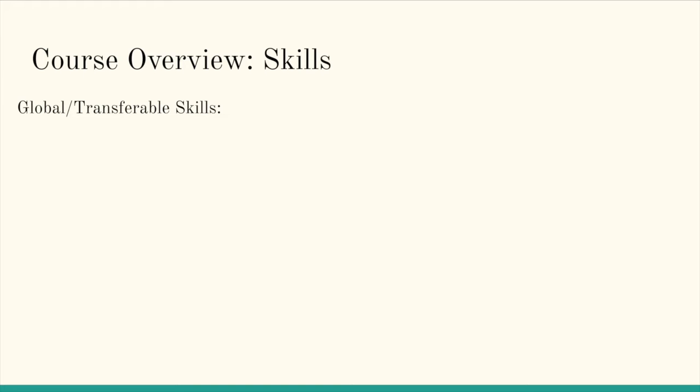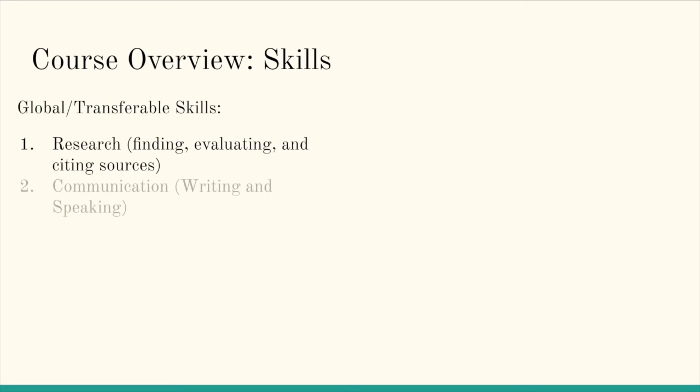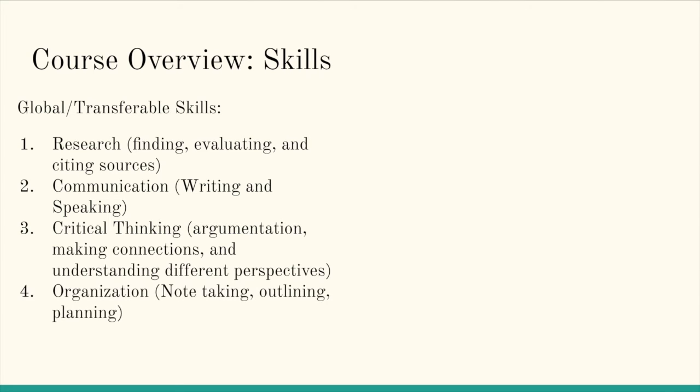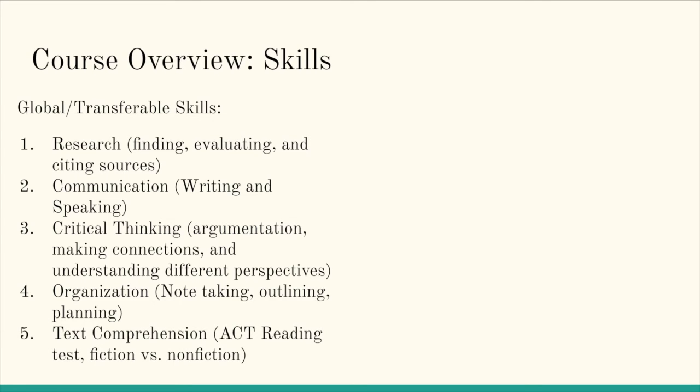So here are the major skills of this course. First is research. Second, communication, writing and speaking. Third is critical thinking, making arguments. Fourth is organization. And fifth is text comprehension, preparation for the ACT if seniors haven't taken it yet, but overall just improving reading ability.